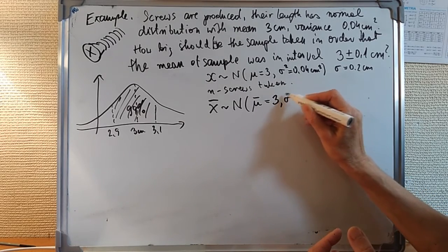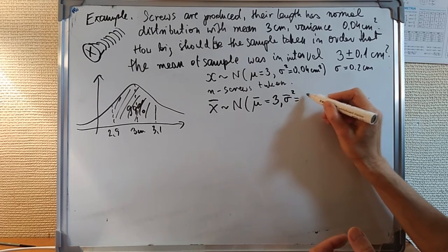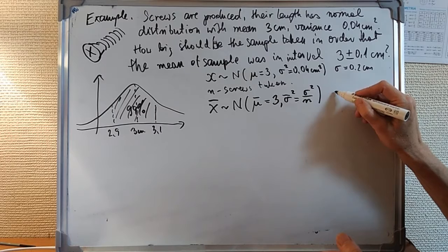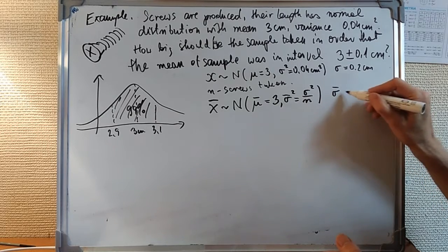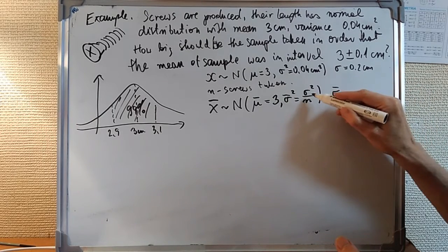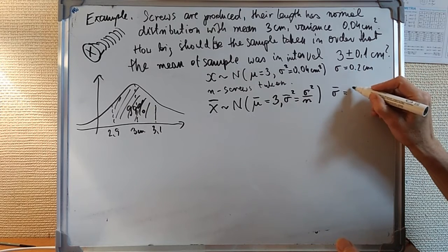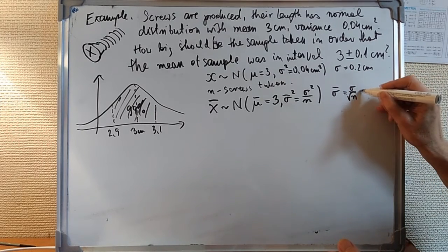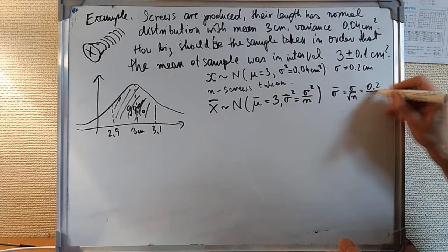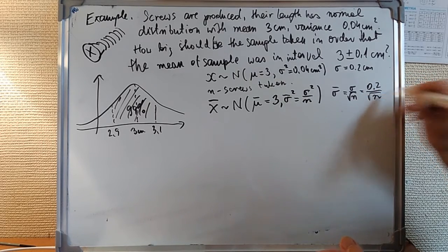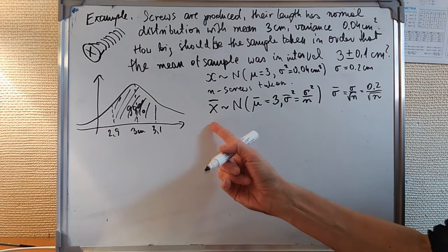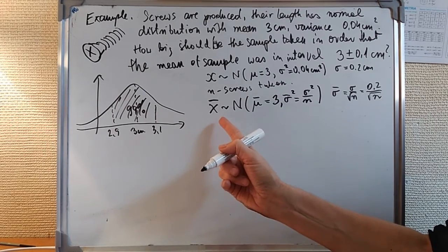The variance sigma dash squared is sigma squared divided by n. In other words, the standard deviation will be the previous standard deviation divided by square root of n. So this is 0.2 divided by square root of n. Okay, so that's the distribution of the mean of the sample.